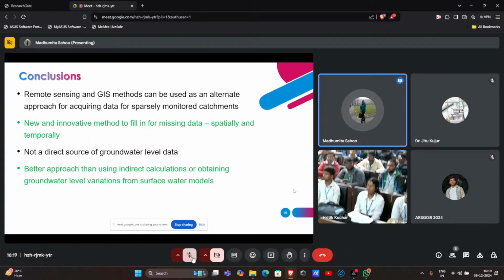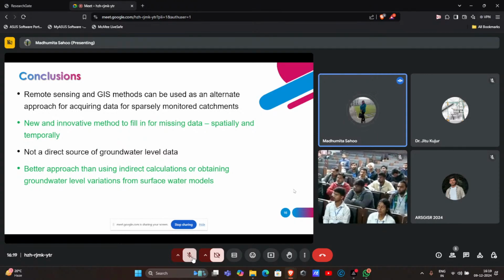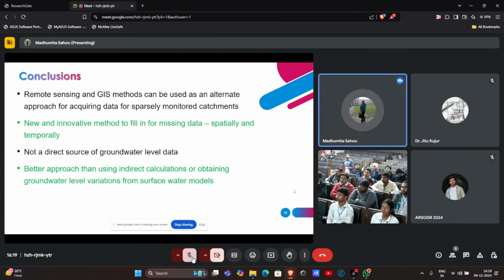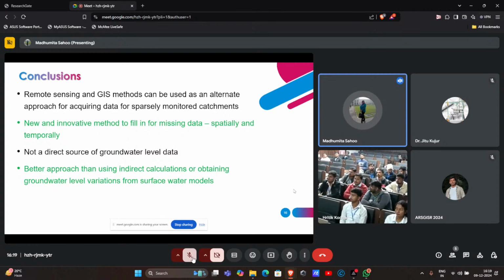And it's a better approach than using indirect calculations for obtaining the groundwater level variations from surface water models, because the surface water models have an unsaid inherent bias for surface water systems, so they may or may not be able to give you a very accurate groundwater level variation or groundwater storage component.